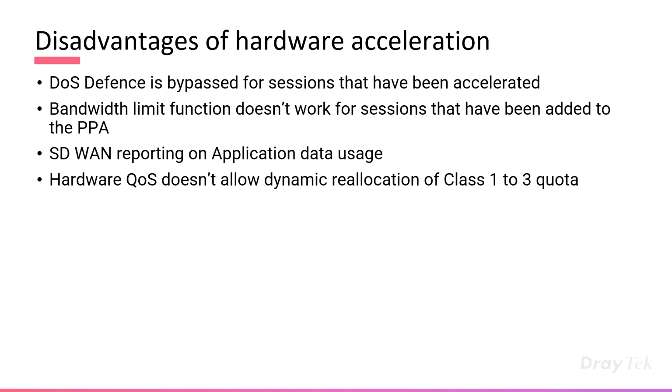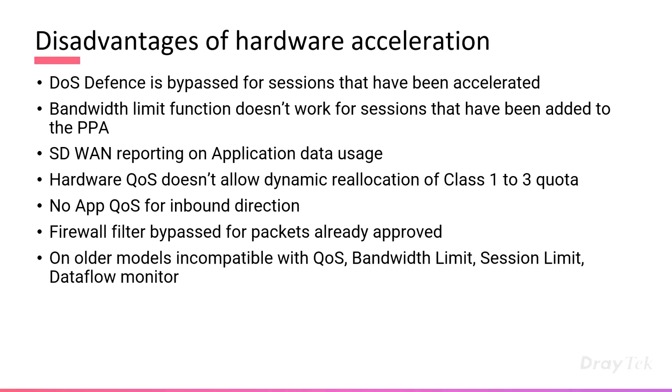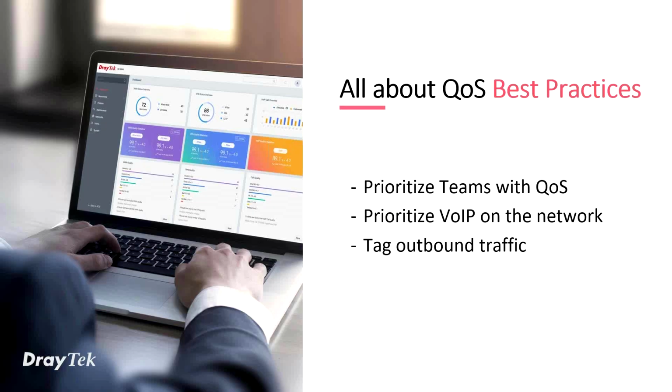Hardware QoS doesn't allow dynamic reallocations of class 1 to class 3 quotas, and no application QoS for inbound direction either. Firewall filter is bypassed for packets already approved. And again, older models are incompatible altogether with QoS, bandwidth limit, session limit, and data flow monitor.